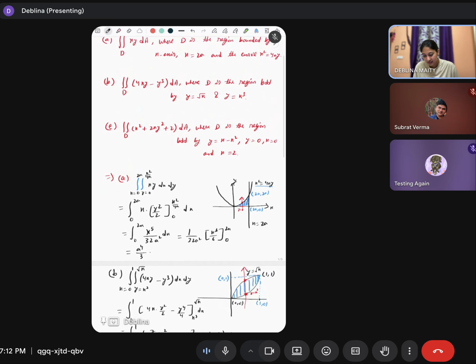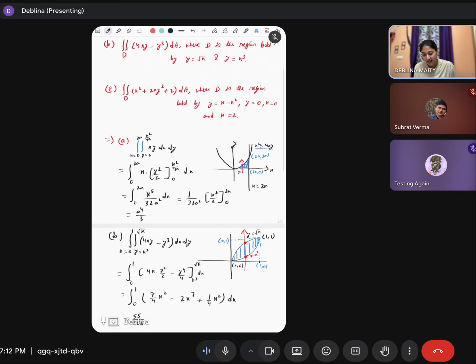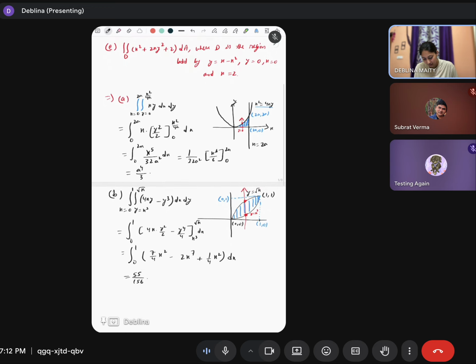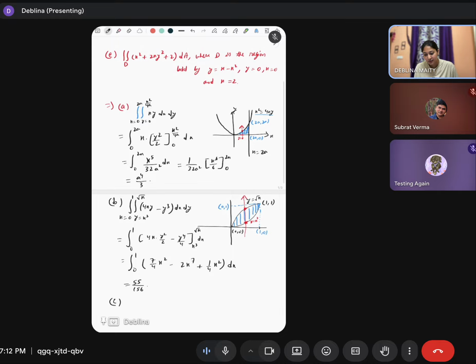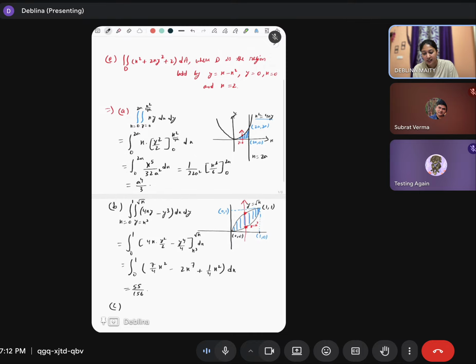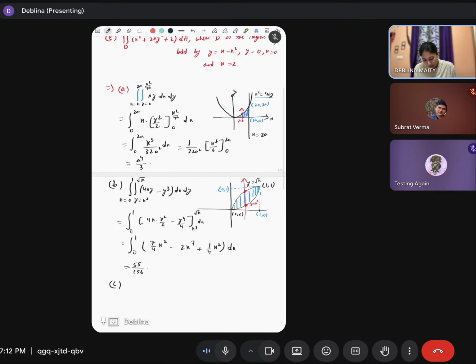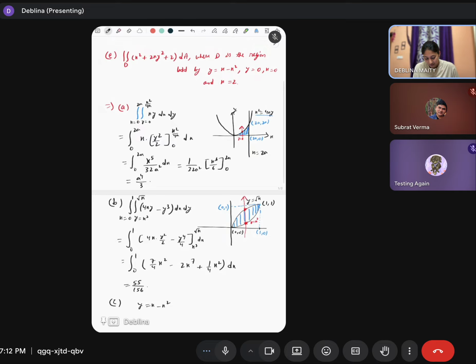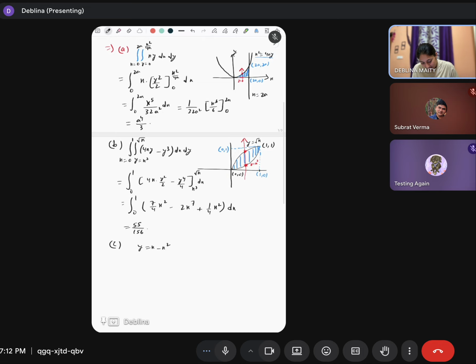And for the C, the region was bounded by y equals to x minus x square. Now we have to look at the curve x minus x square. It is not an increasing or decreasing function, so we have to see it.